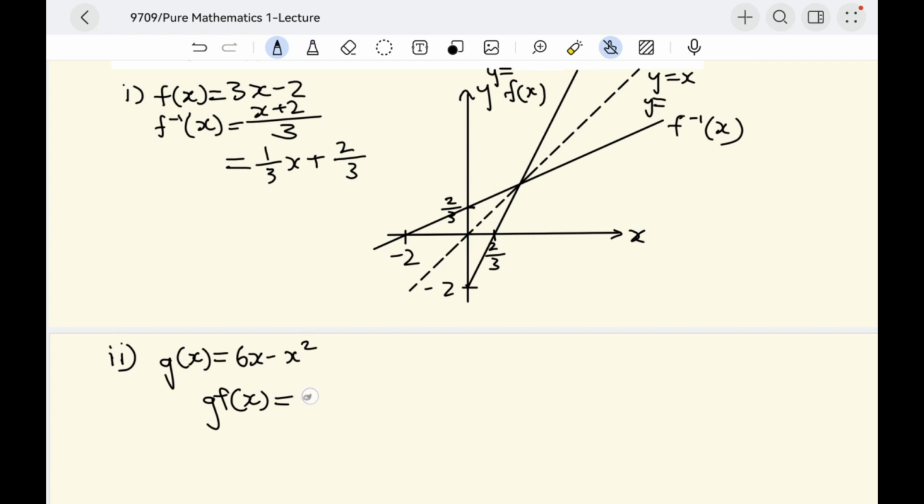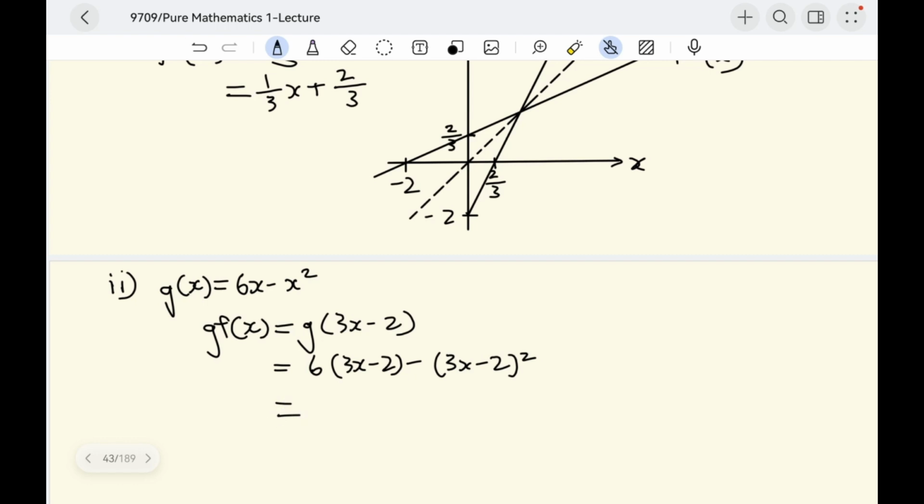What is f(x)? It's 3x minus 2. Next, your function g, you map 3x minus 2 by function g inside this function. Alright, so expand and simplify it.